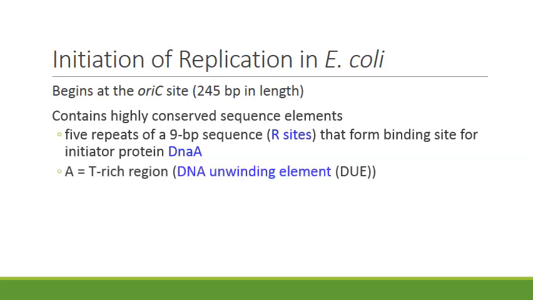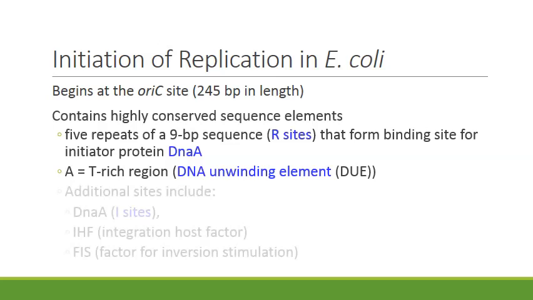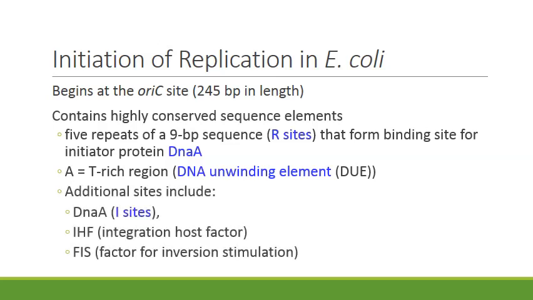Again, it's an AT-rich region, and that allows for the DNA to be unwound at that portion. Additional sites include the I sites where DnaA binds, the IHF, or the integration host factor, and the FIS, which is the factor for inversion stimulation.